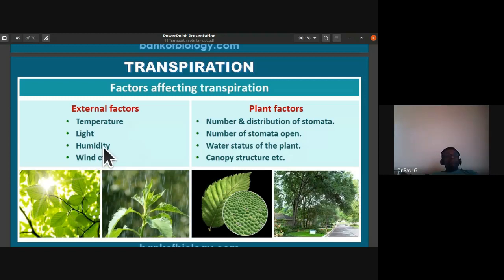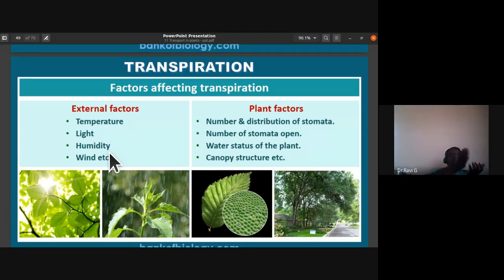And humidity: for the guard cells to become turgid, photosynthesis might also be one of the factors. So humidity, I've described about Delhi and Chennai. I told you that if the atmosphere has more humidity, the transpiration will be lesser. If the atmosphere has lower humidity, the rate of transpiration will be higher. And wind also plays an important role. With the movement of air, the water vapor which has collected along the canopy or leaves is removed by the wind.